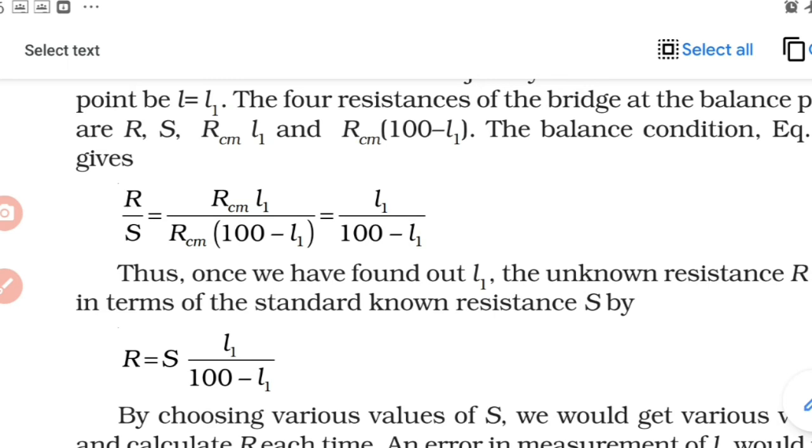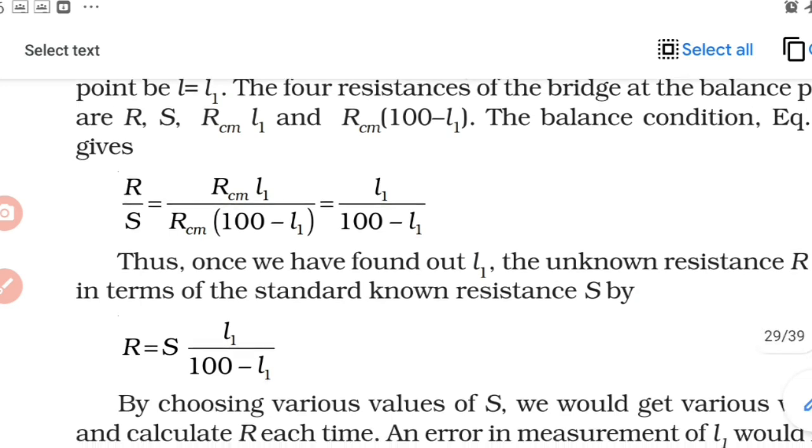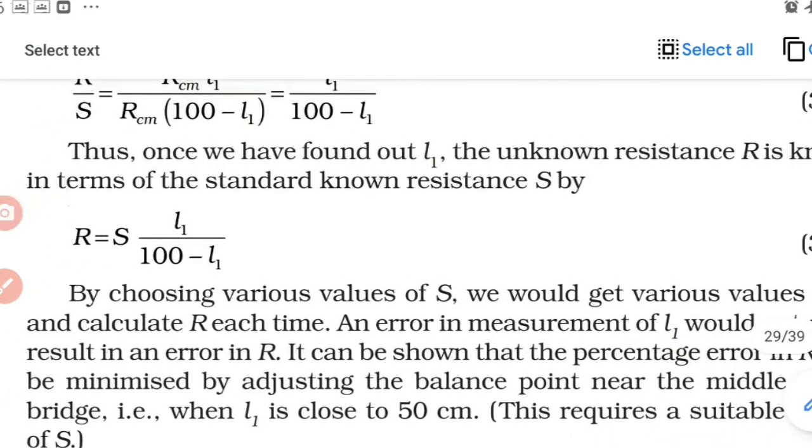A meter bridge is usually used to find an unknown resistance. If we keep R as the unknown resistance, R will be equal to S into L1 divided by 100 minus L1, where L1 we usually call the balancing length.